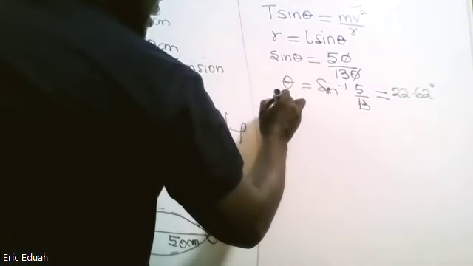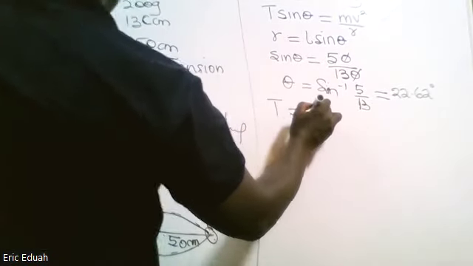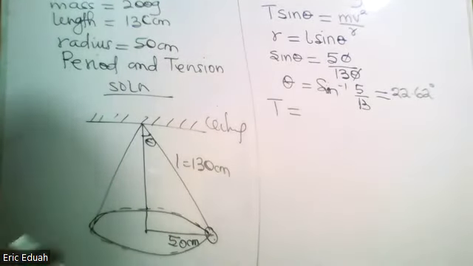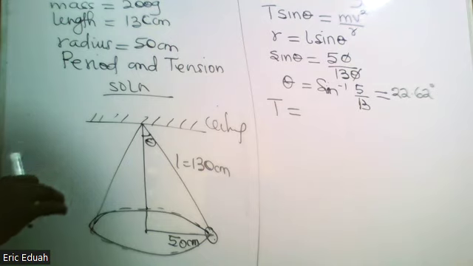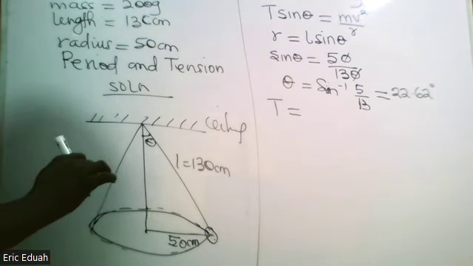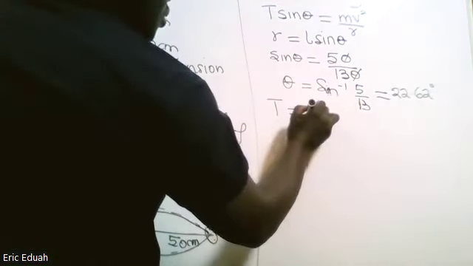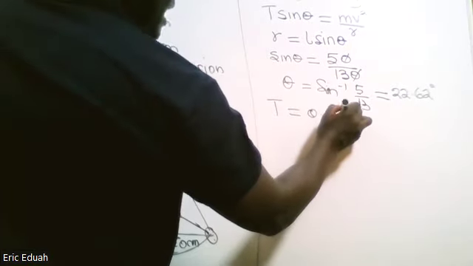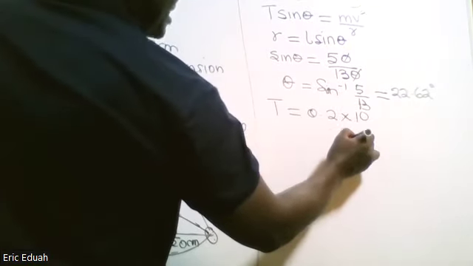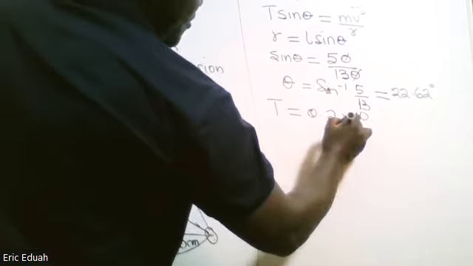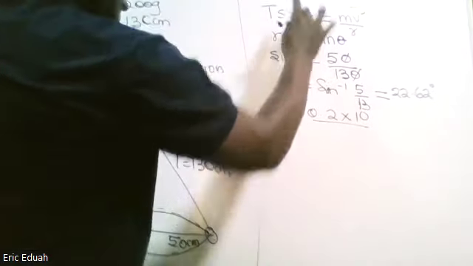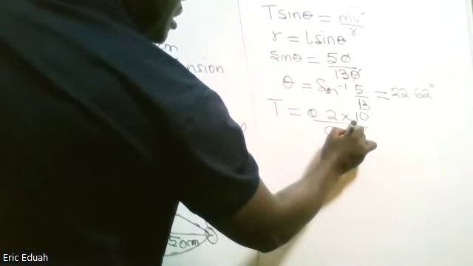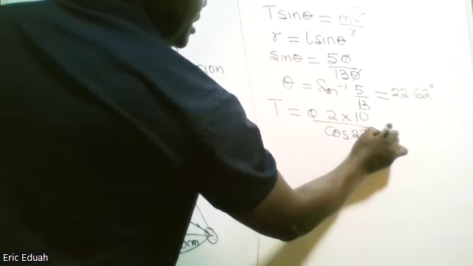So T is equal to the mass, which we quickly change from 200 gram to kilogram, and that will be 0.2. So 0.2 times 10 meter per second squared divided by cos of 22.62.